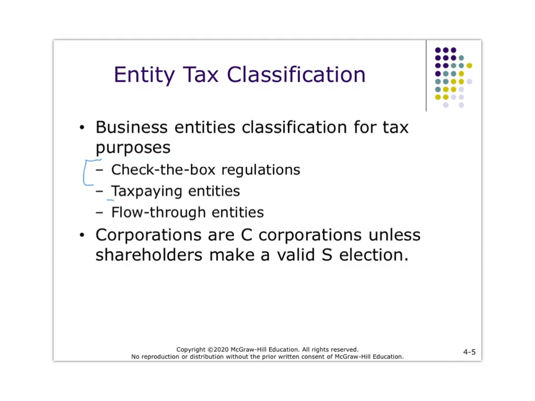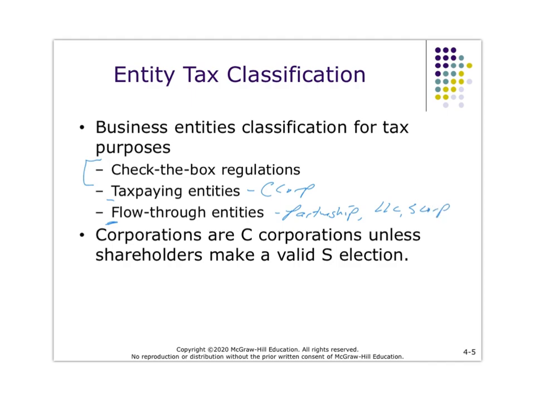Remember, there are different return timelines for tax-paying entities versus flow-through entities. Remember that a tax-paying entity, C corporations, trusts, estates are tax-paying entities. Flow-through entities, partnerships, LLCs, S corporations typically.